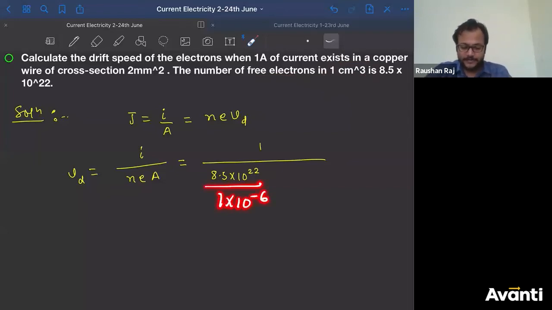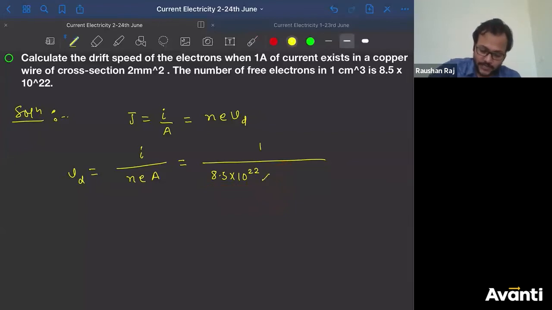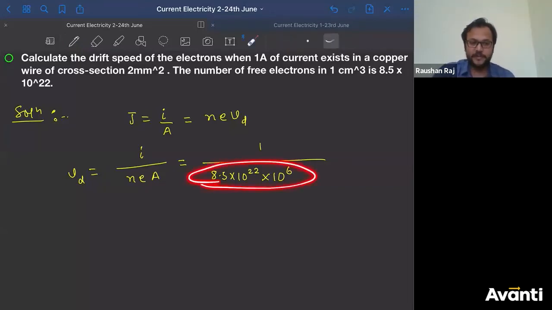If you write 10 to the power minus 6 in the denominator, I can directly write 10 to the power 6 in the numerator also. So to get this part in SI unit, I can directly multiply 10 to the power 6, with 8.5. So this is the number of free electrons per unit meter cube, per unit volume.